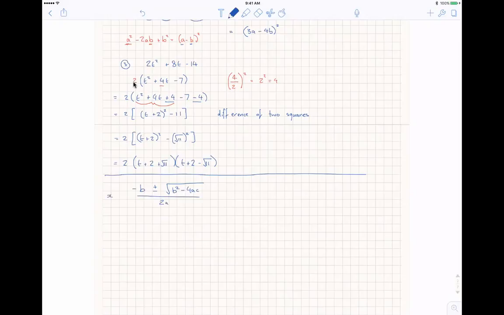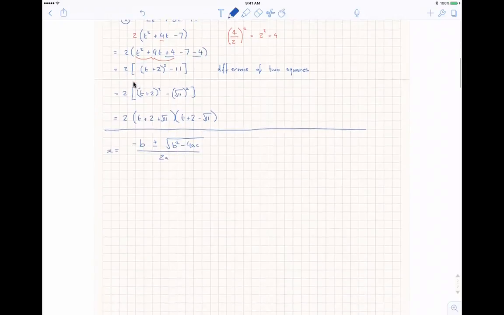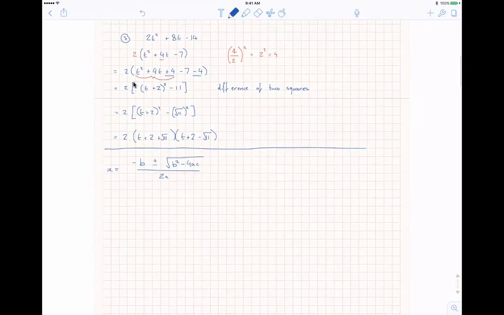Substituting the values from this expression, a is 1, b is 4, and c is minus 7. So minus b gives us minus 4.